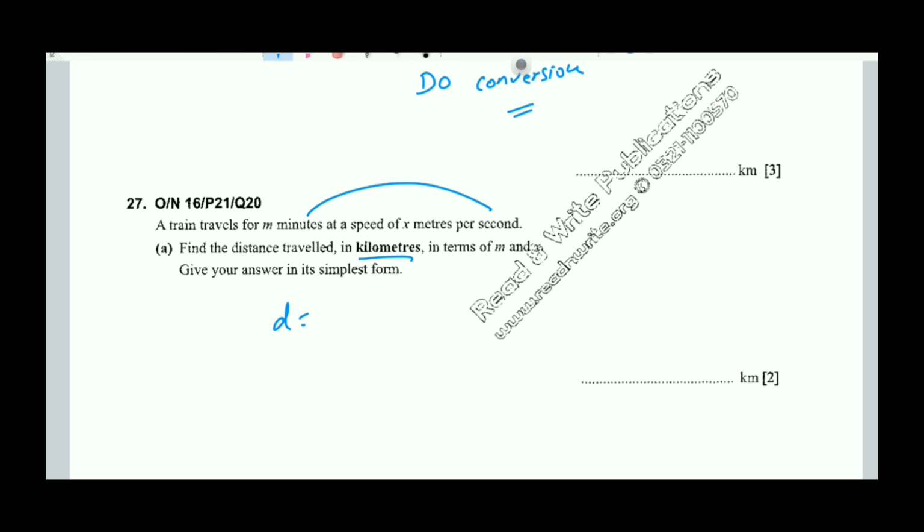What we will do, distance is equal to speed into time, and speed is x, time is m. So to convert minutes into seconds, you have to multiply m with 60, and this is time, and for speed you have to divide x by 1000.